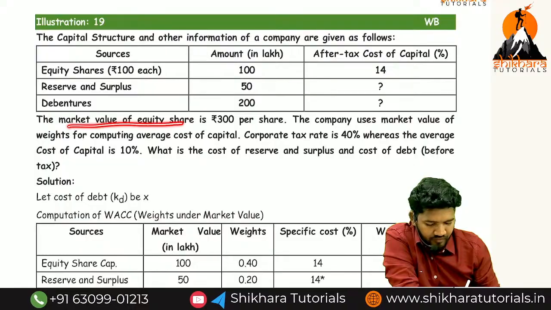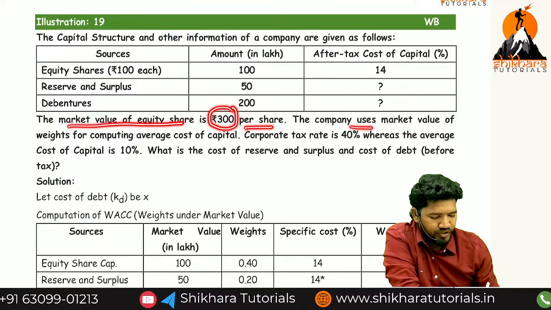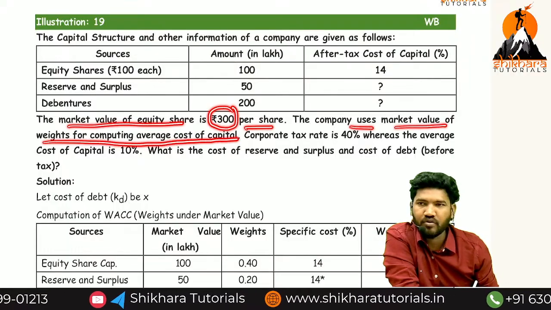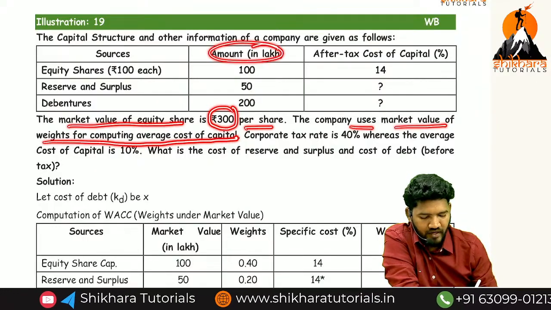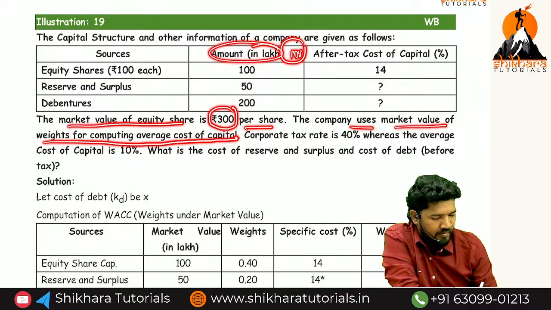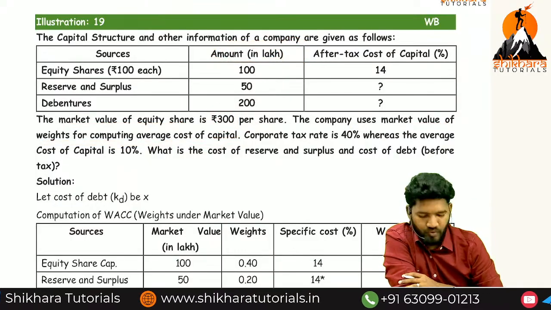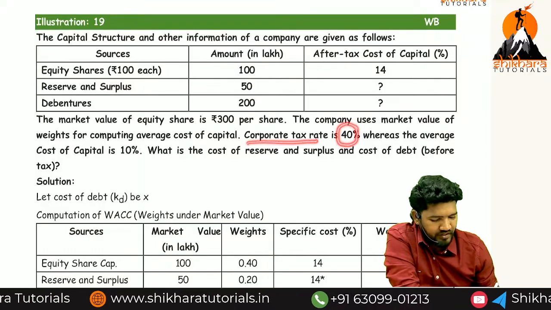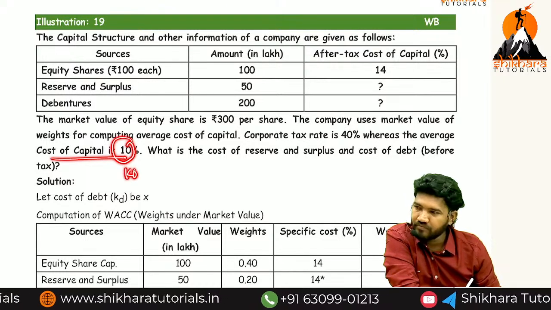The market value of the equity share is rupees 300 per share. The company uses market value weights for computing the average cost of capital. Are you clear? Here don't take book values, consider market values, that's the point. The corporate tax rate is 40%, and the average cost of capital, can I call it KO?